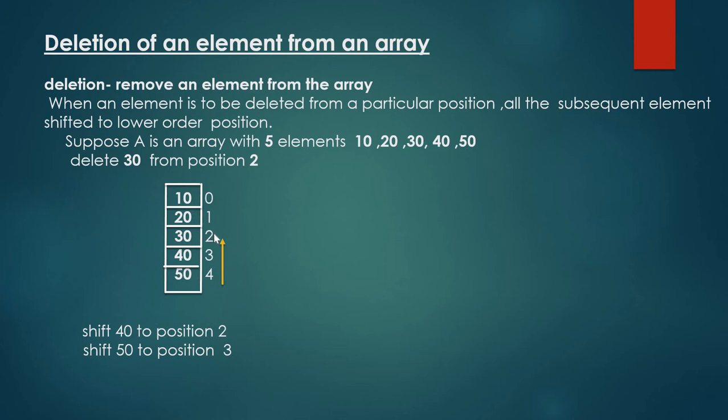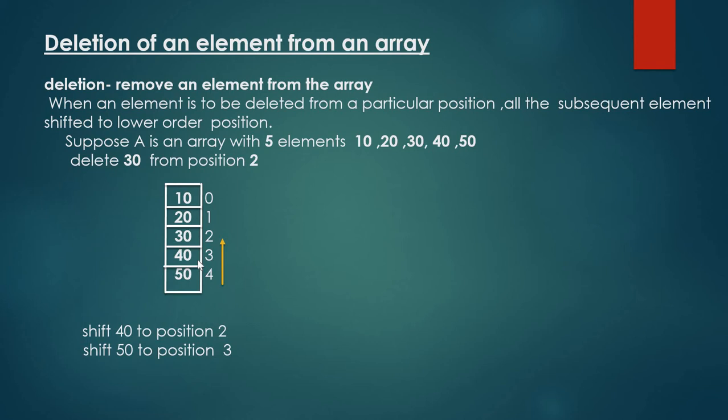Then we need to delete the element from position 2. See here, from here we need to delete. For that, we need to shift the subsequent elements to the lower order position, that is, this 40 and 50.